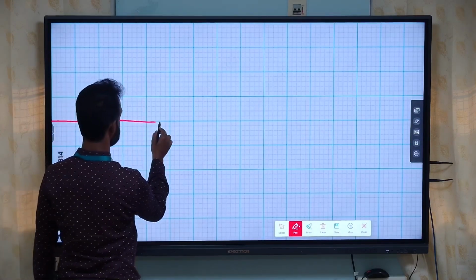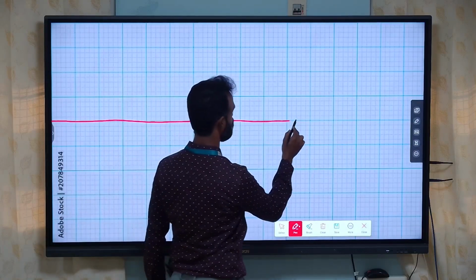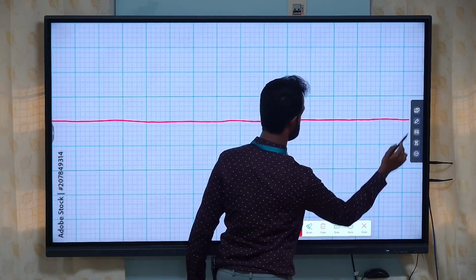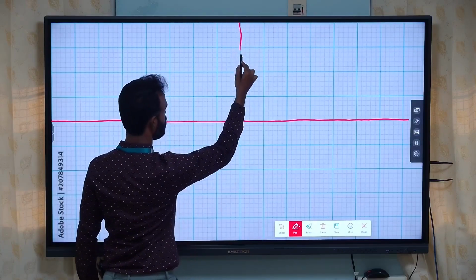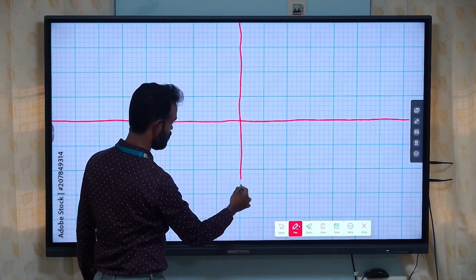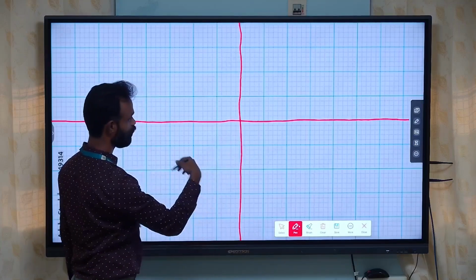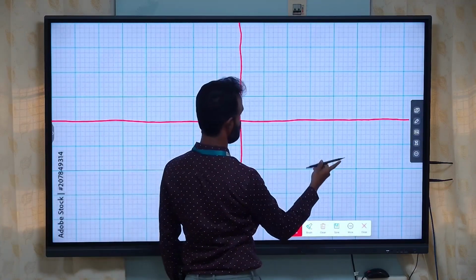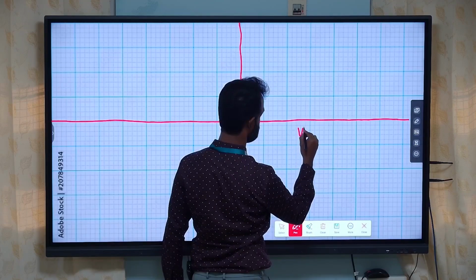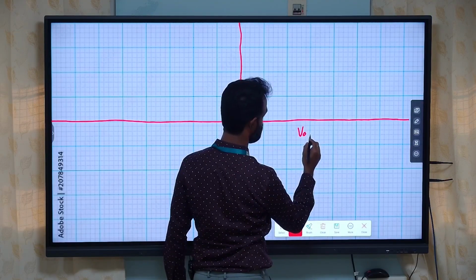Imagine if we have a graph like this. This is the graph sheet, and the graph sheet is divided into 4 sides. Here we will get a graph.